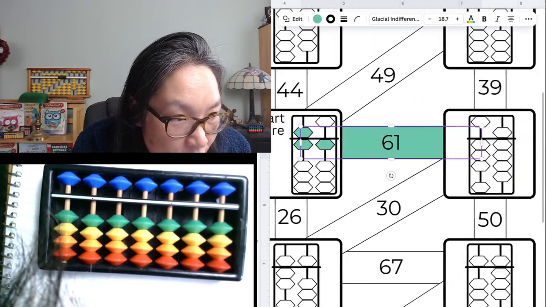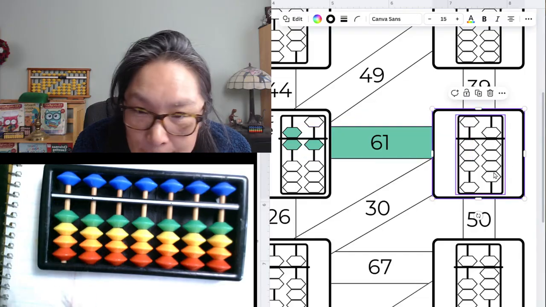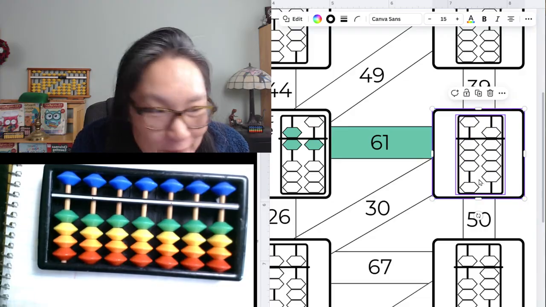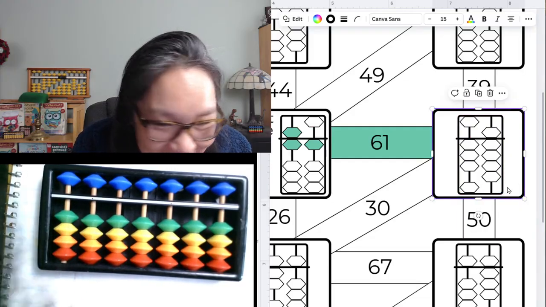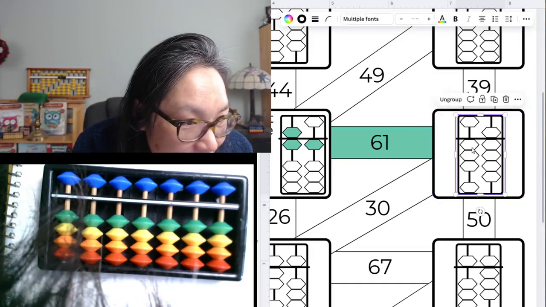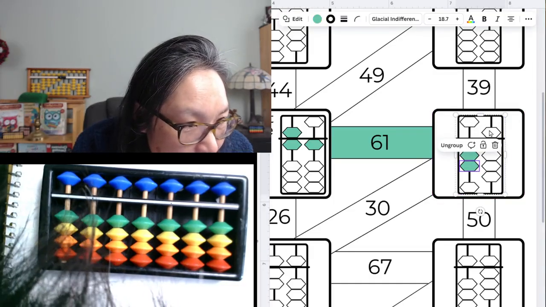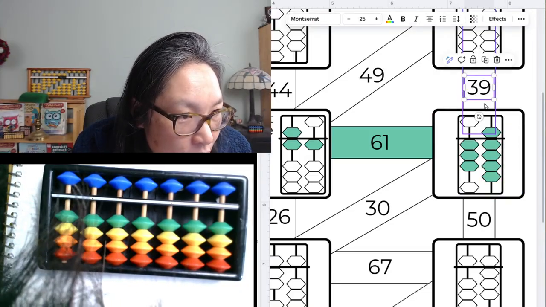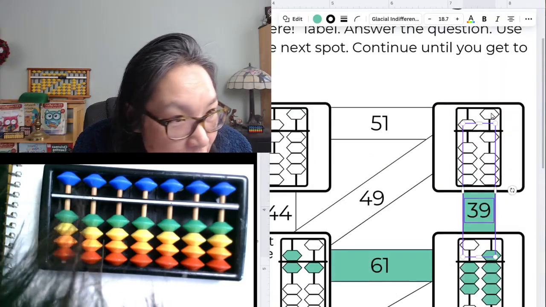Okay, so if I move it over here, what number is this? Thank you guys so much for helping me. 39. 3 and then 9. Yes. Great. So we go here, and then we come up here.